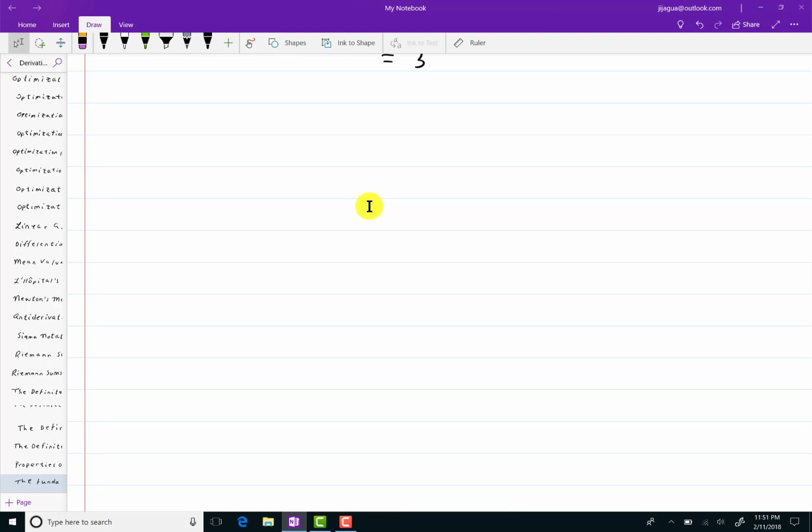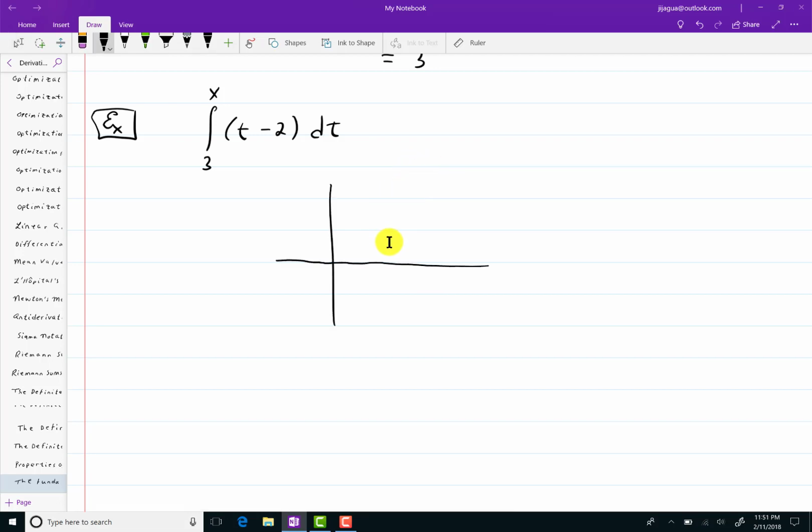Let me try another one. Try the integral from 3 to x of t minus 2 dt. All right, so if I'm graphing t minus 2, this would be t, and then a negative 2, say, is around here.